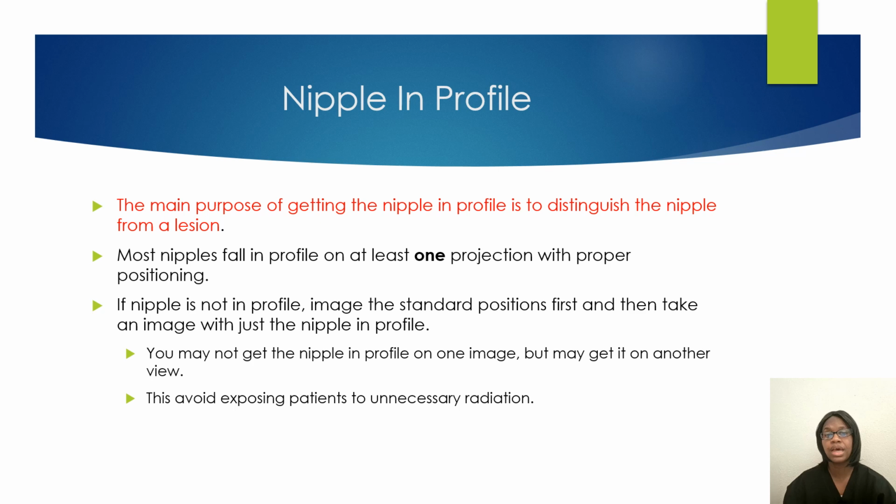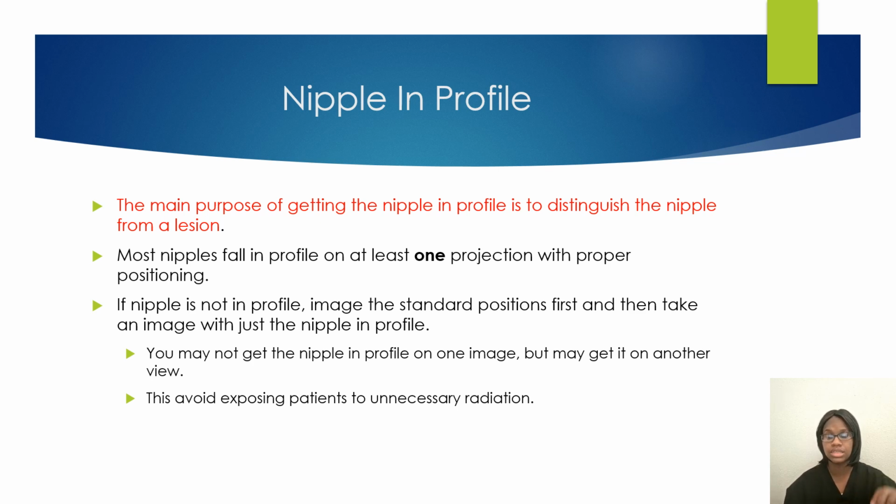Your nipple in profile: you must have at least one image with a nipple in profile. So if you do not get the nipple in profile on both images, it could be one or two things. Maybe you're not positioning your patient correctly, so make sure their feet are pointing towards the machine. Make sure that the breast is on the board correctly.